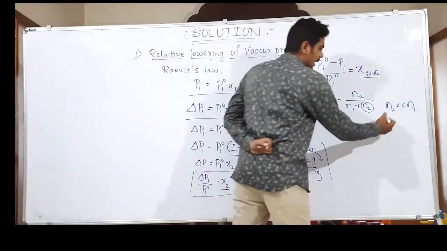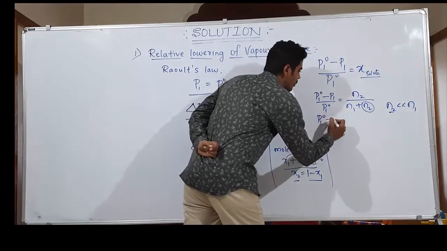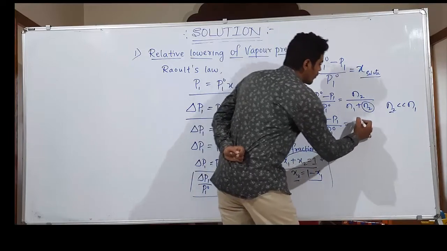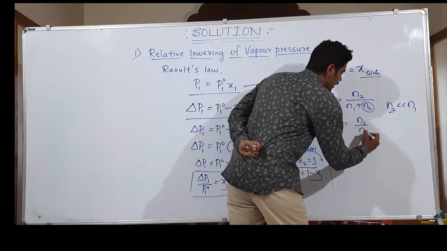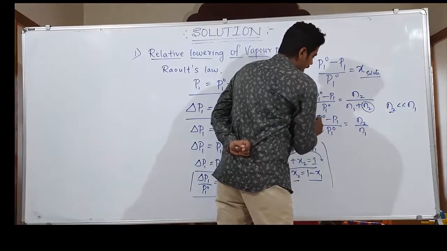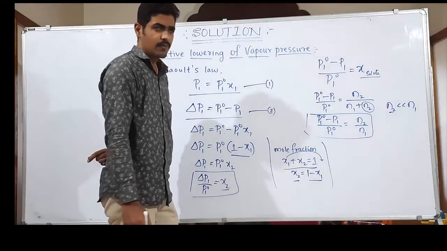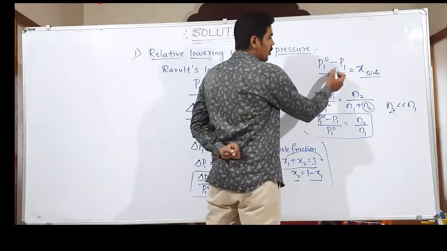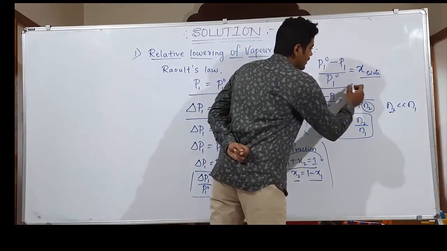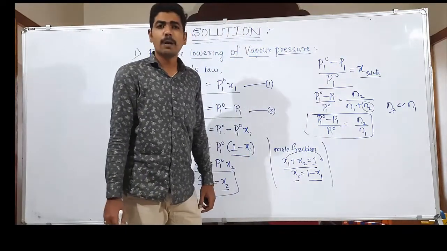Hence, I will neglect N2 in the denominator. Then P1 naught minus P1 divided by P1 naught is equal to N2 divided by N1. This is another form of the relative lowering of vapor pressure. So remember, the left hand side, P1 naught minus P1 divided by P1 naught, indicates the relative lowering of vapor pressure.